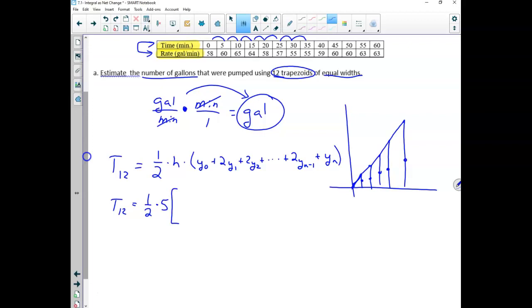Now, really write it out, because I had people say, oh, I didn't know I had to write them all out. Well, that's why you got the wrong answer, because you lost some of your values in there. We take the first one, plus 2 of everybody else in between, and 1 of the last.